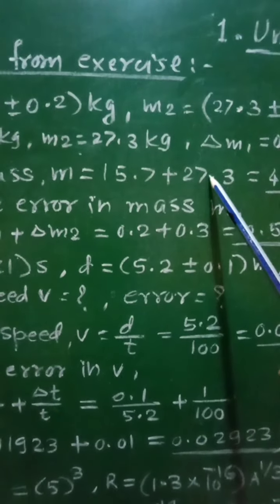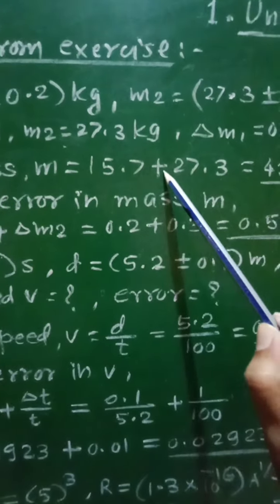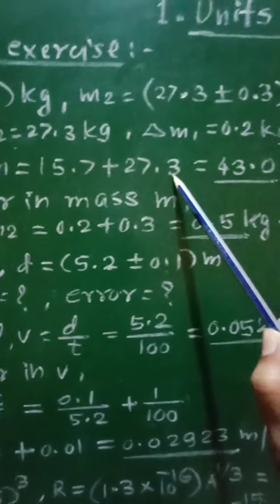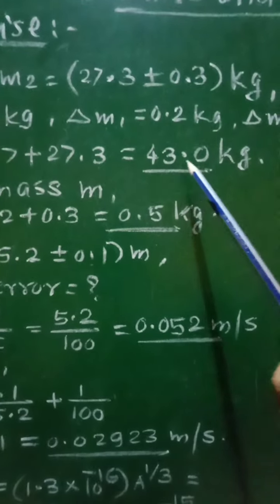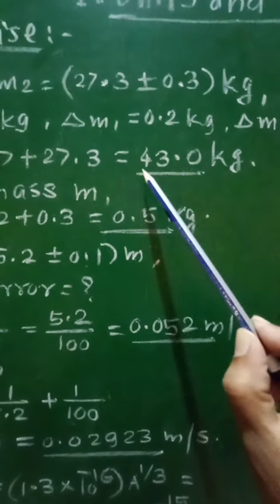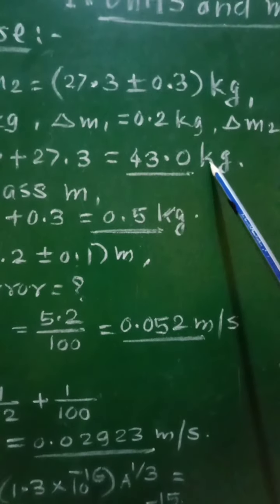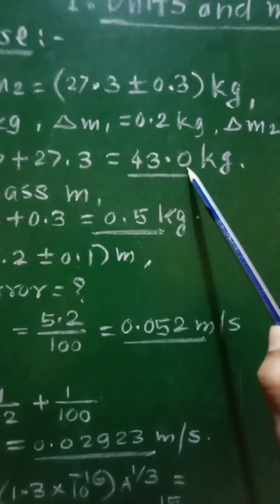m is equal to m1 plus m2, that is 15.7 plus 27.3, which comes out to be 43.0 kilogram. This will be the total mass.